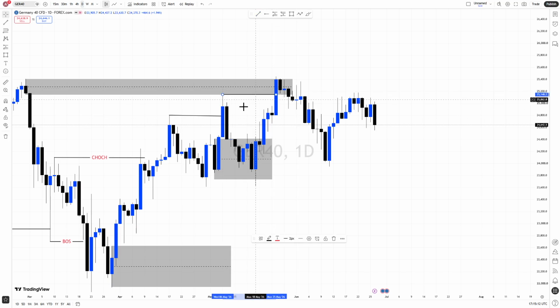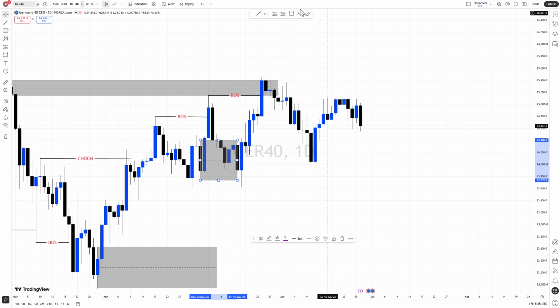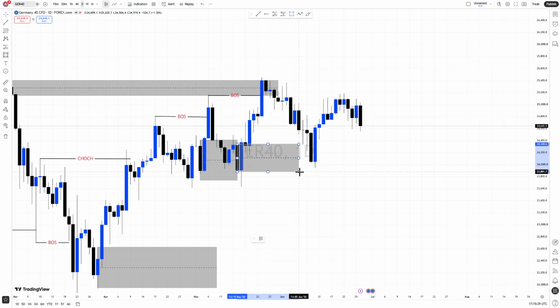So this is the current break of structure before the market mitigated the supply, right? And for the demand of this break of structure, obviously it is this bearish candle over there, right?